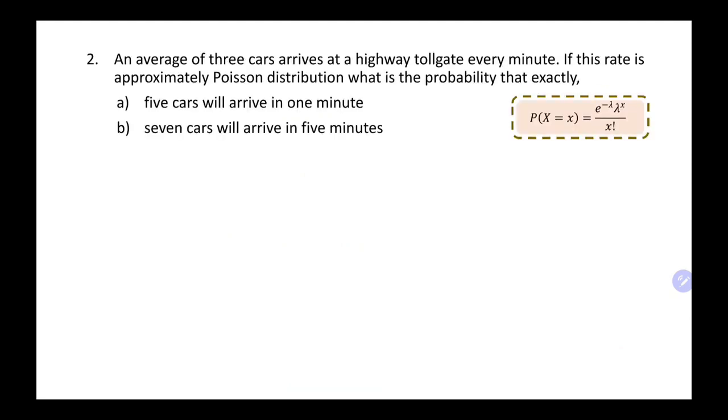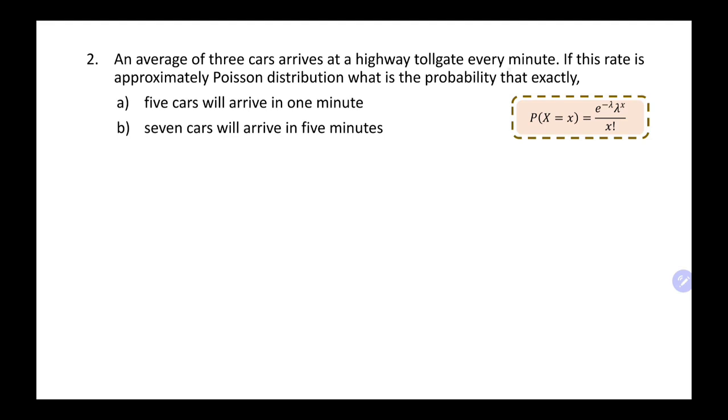Question number 2. An average of 3 cars arrive at a highway toll gate every minute. If this rate is approximately Poisson distribution, what is the probability that exactly 5 cars will arrive in 1 minute and 7 cars will arrive in 5 minutes. Okay, before we start to solve, we determine the value for lambda first. 3 cars refer to lambda.